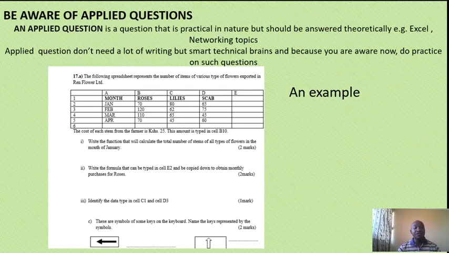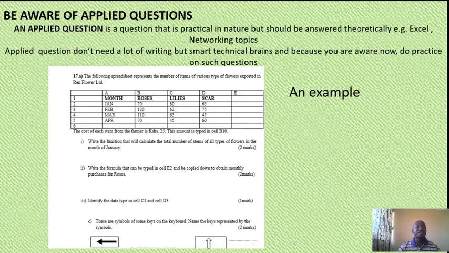Write the function that will calculate the total number of stems of all types of flowers in the month of January. Write the formula that can be typed in cell E2 and be copied down to obtain monthly purchases of roses, 2 marks. Identify the data type in cell C1 and cell D3, sorry. Then these are some symbols of keys on the keyboard. Name the key represented by the symbol.